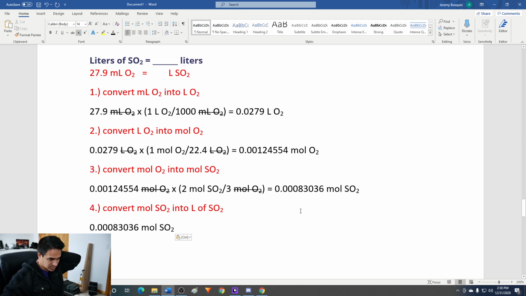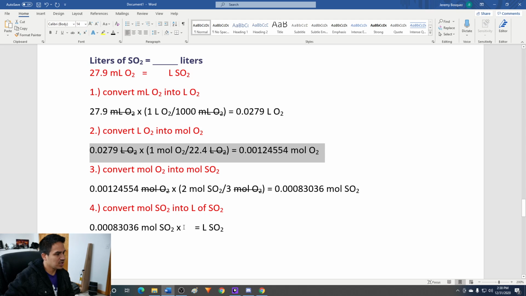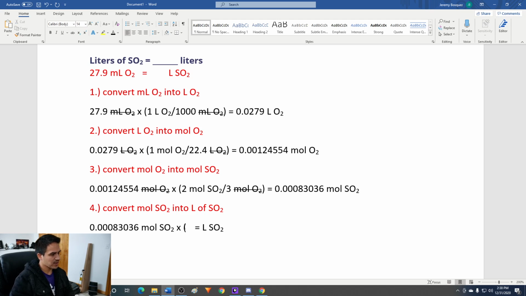And then lastly, we're going to convert from moles back into liters. And to do that, we will need to use the molar volume conversion, which is what we used in step 2. But now we just need to flip it. So since we're starting with moles of SO2, 22.4 liters of SO2 on the top, 1 mole of SO2 on the bottom.